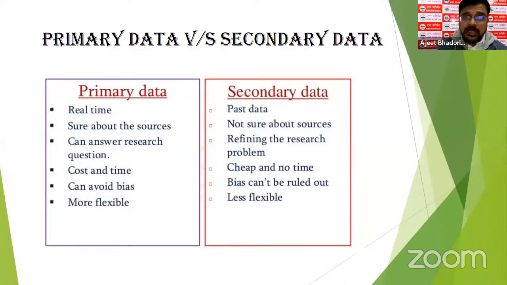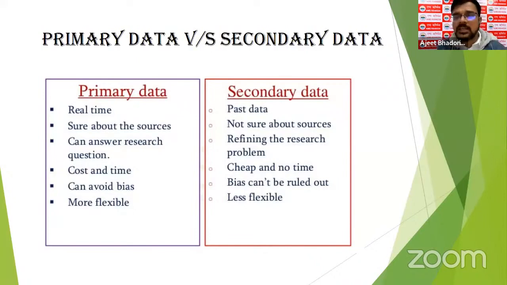Then primary data can answer your research question. Why? Because you have planned for it. You know that this is my primary research question. You know that this type of data is required to answer this question. You have kept all those variables in your questionnaire, and then you have collected data.